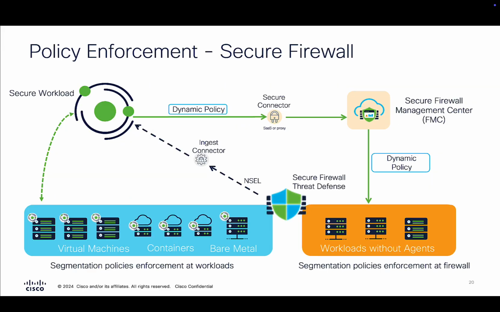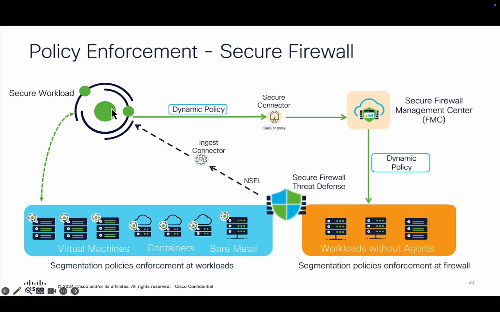Then there is the network-based enforcement point, which is Cisco Secure Firewall. So Secure Workload has a very deep native integration with Cisco Secure Firewall, where it's capable of ingesting the NetFlow information from the Secure Firewall.